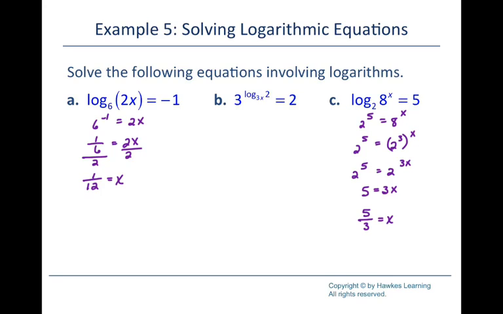Now, I don't know a great way to explain b and work it out. If we took the log of both sides, you would have log base 3x of 2 times log base 3x of 3 equals log base 3x of 2.